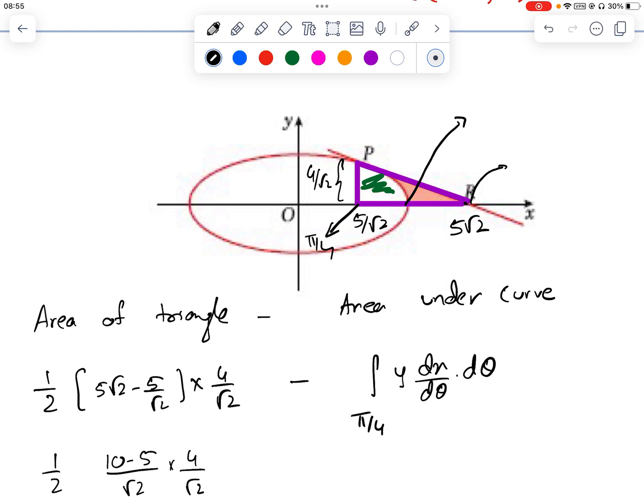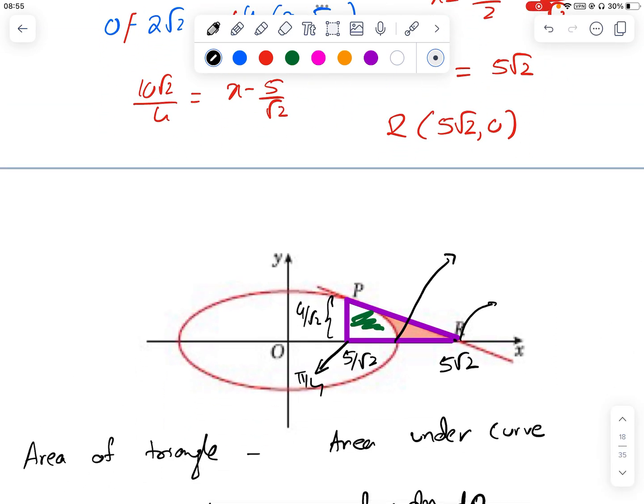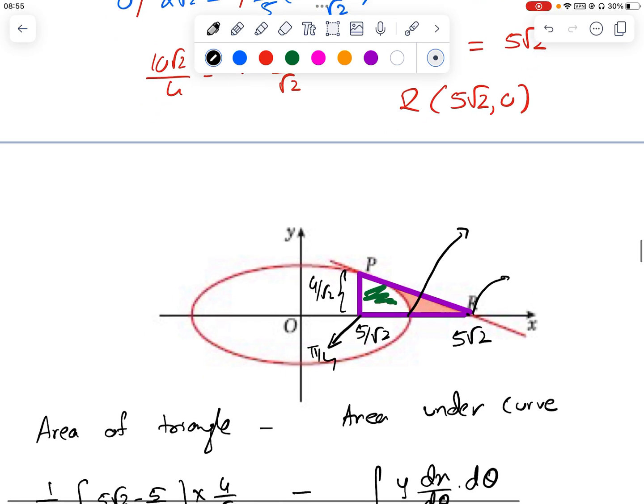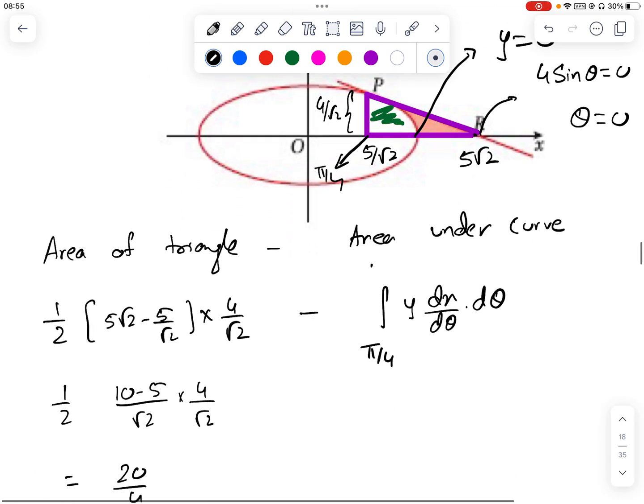And over here what is the value of theta? We know that the y value is 0, because on the x-axis y is 0. What is y? 4 sine theta. 4 sine theta equal to 0, so theta equals 0. So minus integral of pi by 4 to 0 y.